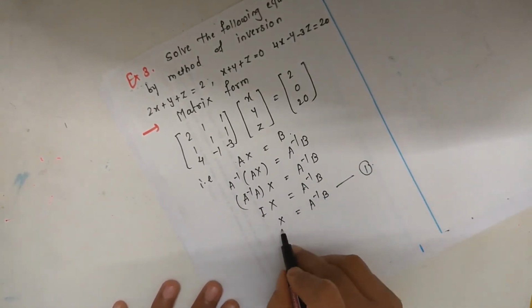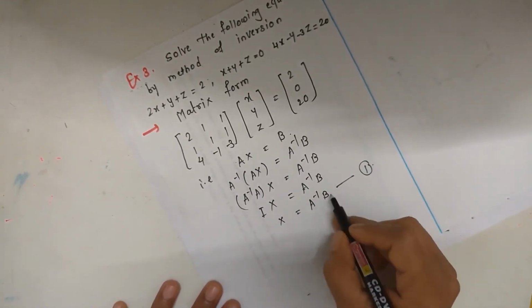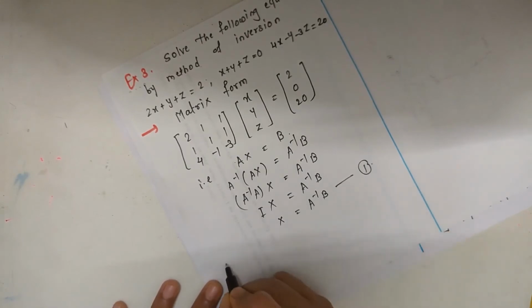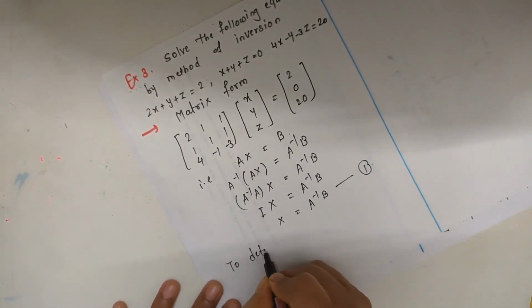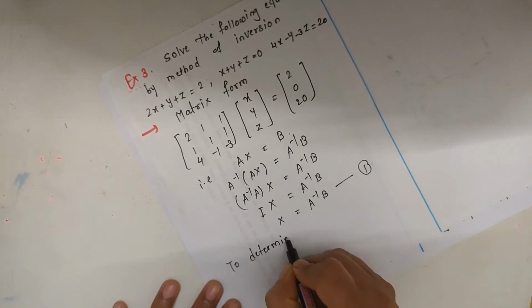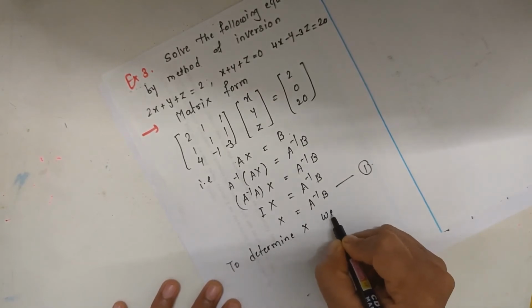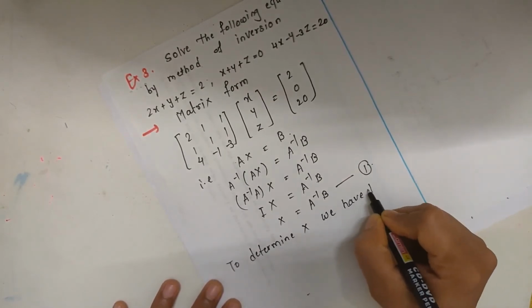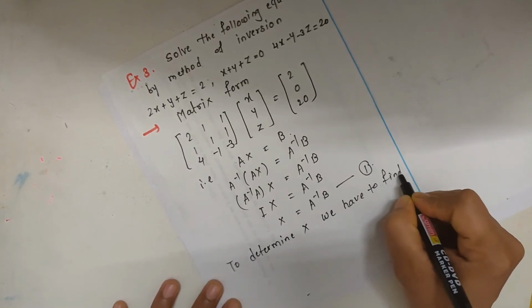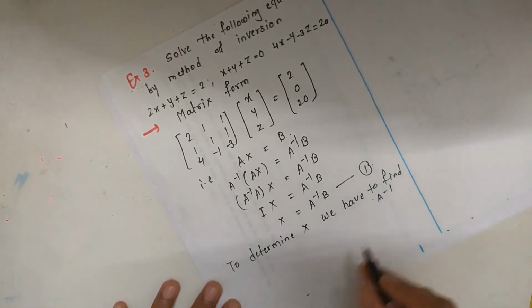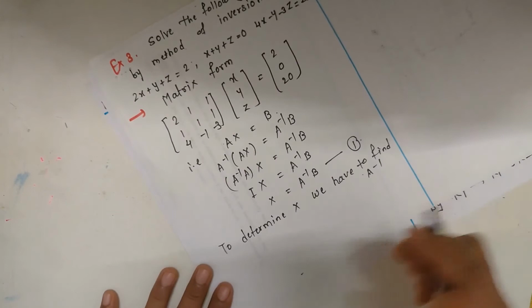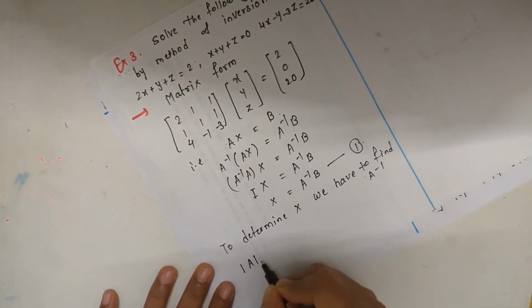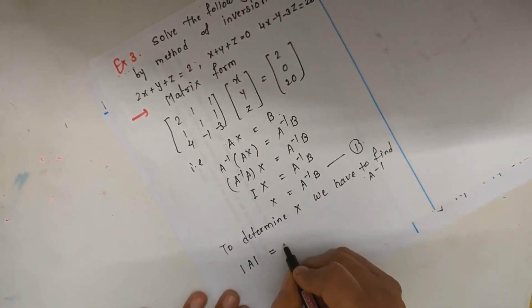Now to determine X, we have to find the value of A inverse. So before finding the inverse, find the value of determinant A.